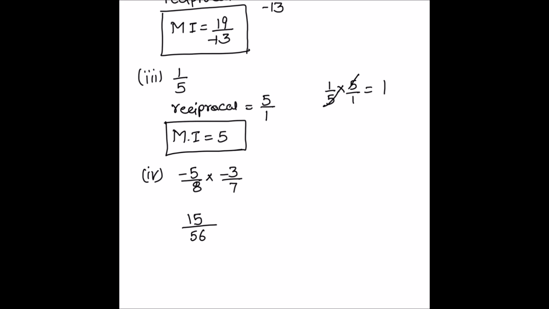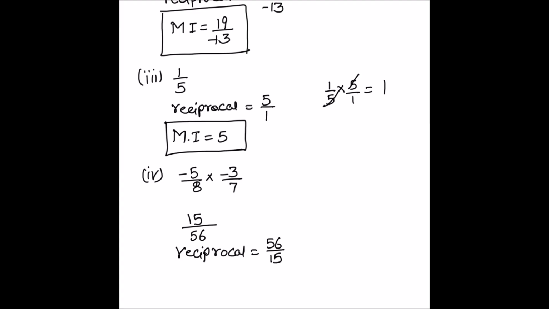So now we are going to find the multiplicative inverse of 15 upon 56. To find it, we take the reciprocal of this fraction. The numerator 15 will be in the denominator, and the denominator 56 will be in the numerator. So 56 upon 15 will be the reciprocal of this number.